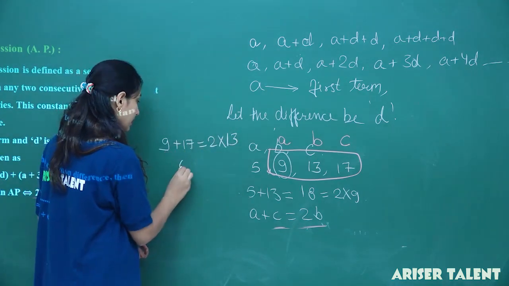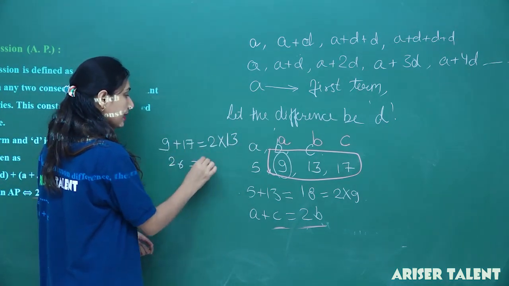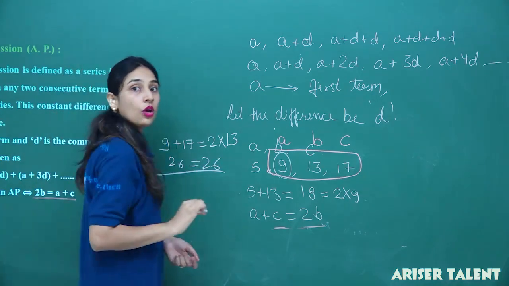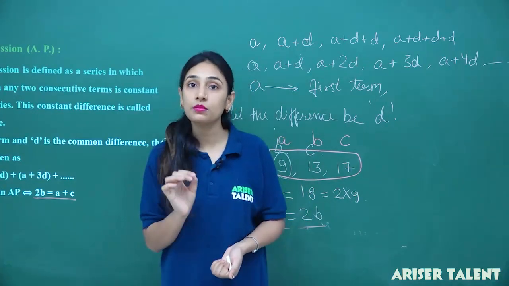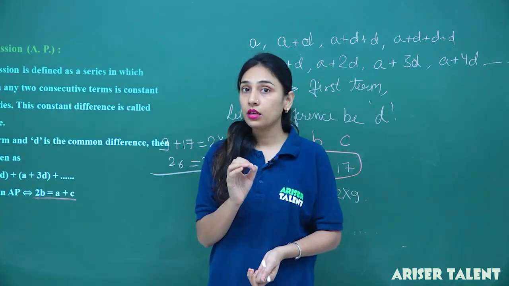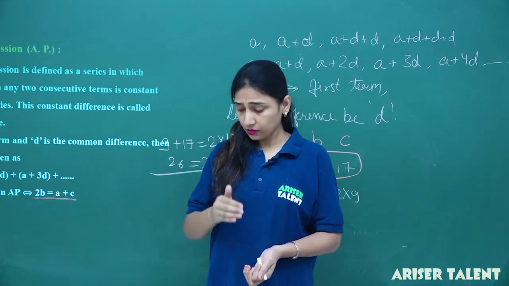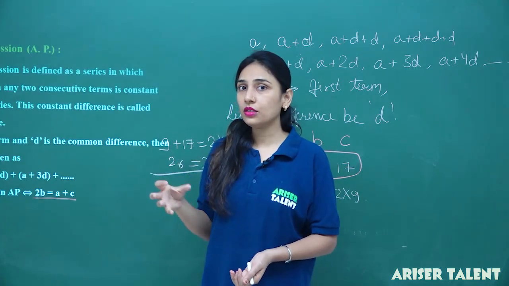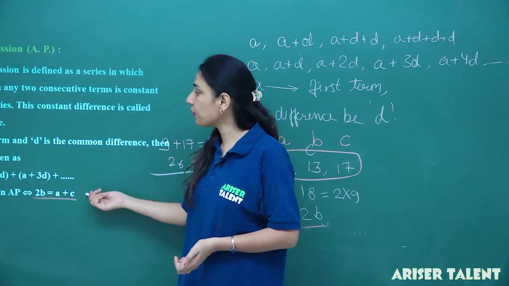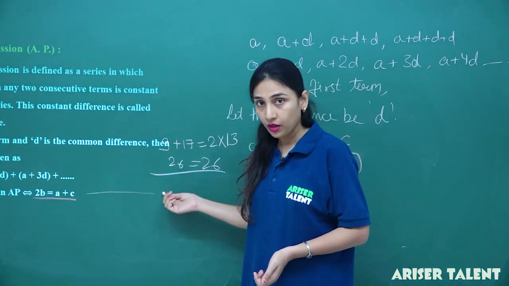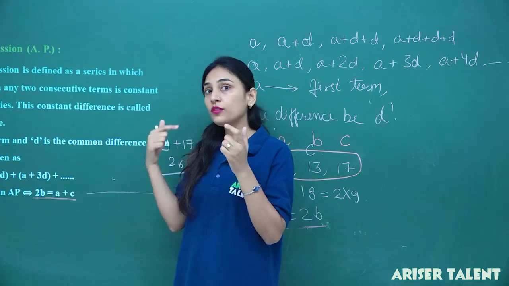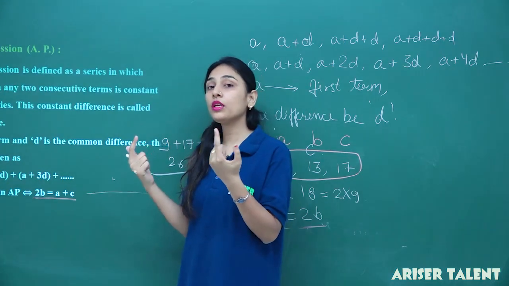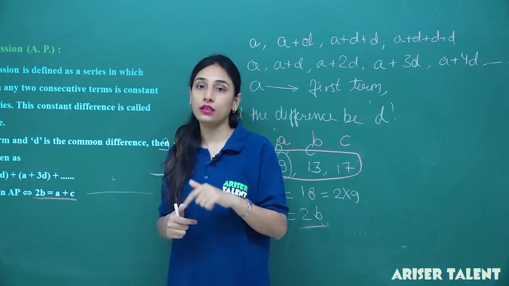That is 26, and 2 times 13 is again 26. So if you are given any 3 consecutive terms in a progression, then the sum of the first and third term will be equal to twice the second term.